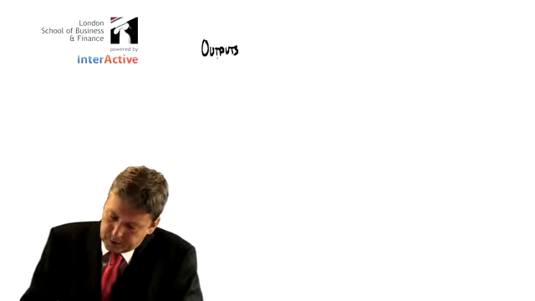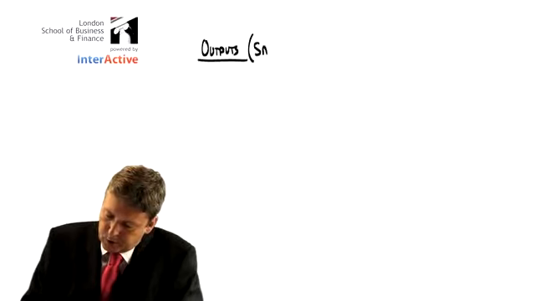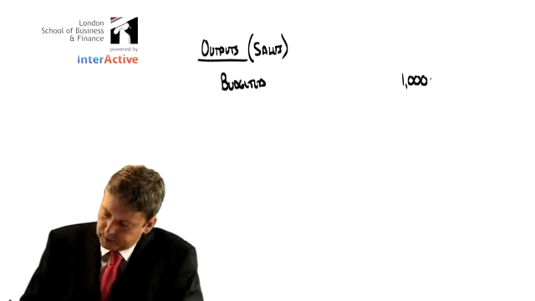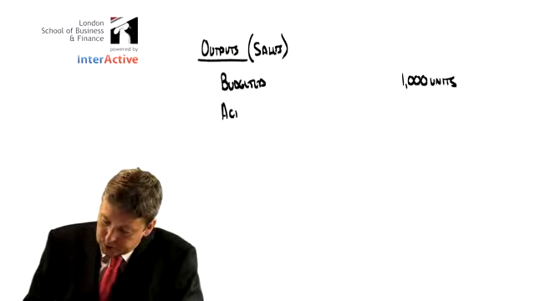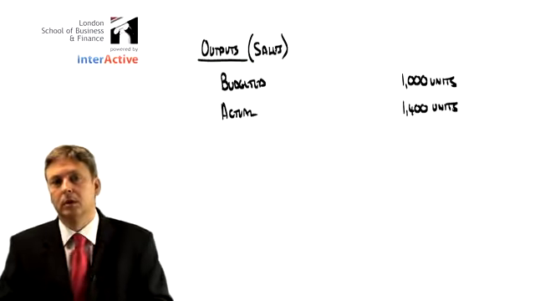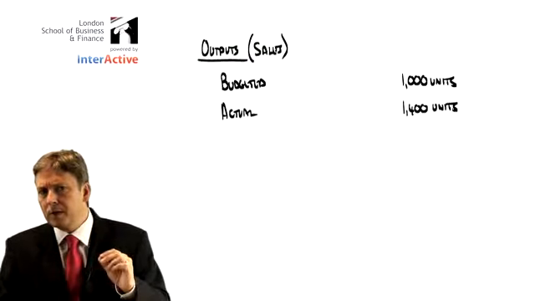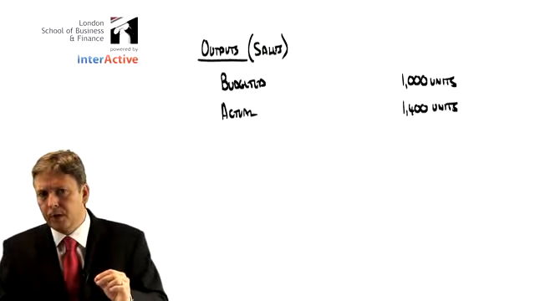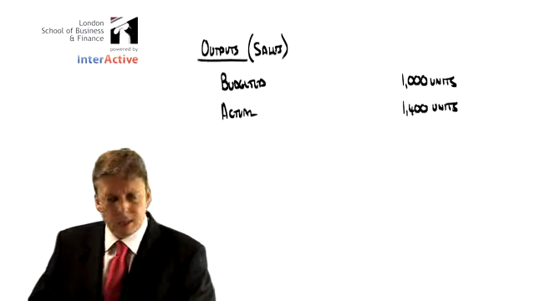Let's look at the outputs first of all. I suppose we're talking about sales here. Our budgeted sales are 1,000 units. Our actual sales are 1,400 units. If you remember from the studies that we had before, remember the numbers that we calculated?